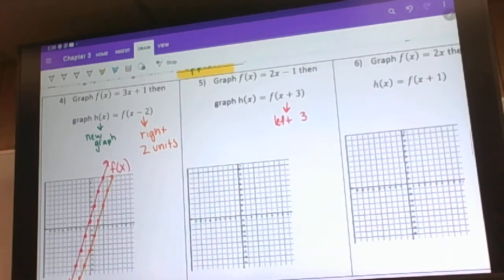Or a more advanced way to say that is horizontal translation of -3. I'm not even going to put that sign there. You're going to get so confused.